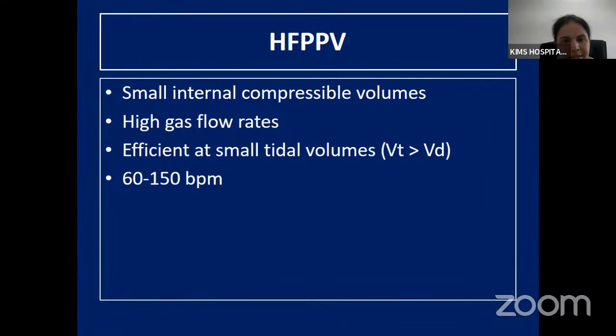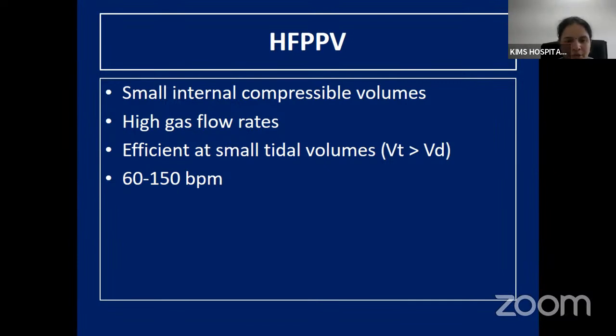We shall next discuss three primary modes of high frequency ventilation: high frequency positive pressure ventilation, high frequency jet ventilation, and of course high frequency oscillatory ventilation. These are the three commonly known clinical types of high frequency ventilation.